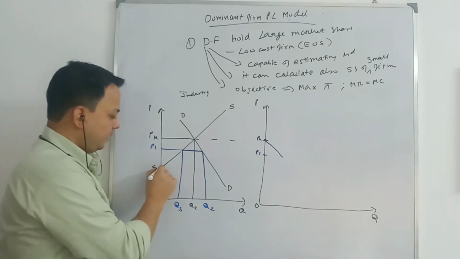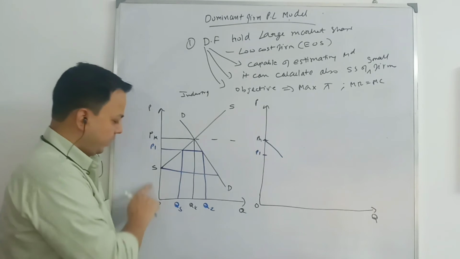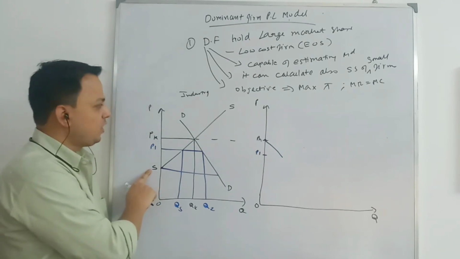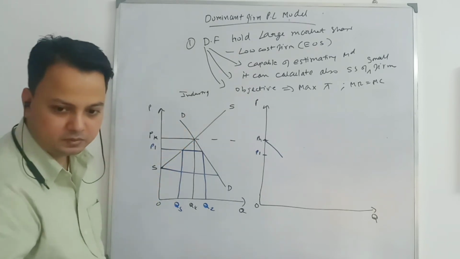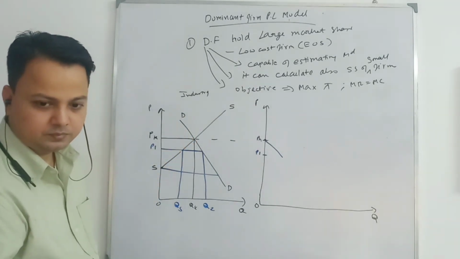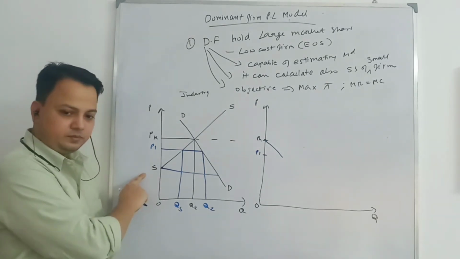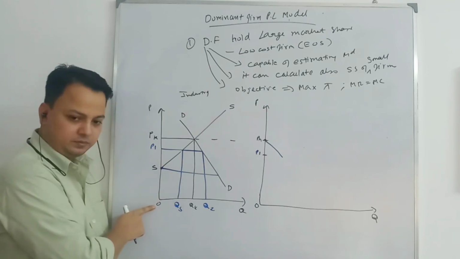Similarly, look at this point. If the dominant firm sets price equal to OS, how much will be supplied by the small firms in the market? If the dominant firm is setting price OS, the small firms will supply 0 units of output, right?